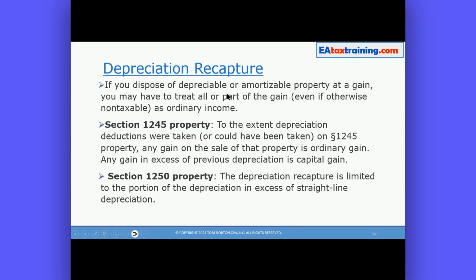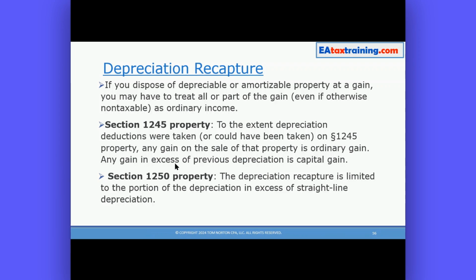The next one that could cause some of your 1231 gains to be ordinary is depreciation recapture. We did talk a little bit about depreciation recapture in part 1, but we're going to get more specific here. If you dispose of depreciable or amortizable property at a gain, you may have to treat all or part of that gain, even if it's otherwise non-taxable, as ordinary income.